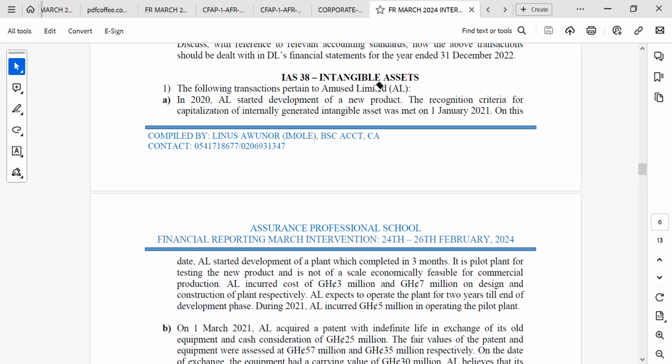Before. Okay. Can you test the product without someone controlling or running the plant? No. Okay. So therefore the 5 million will be capitalized or will be expensed?